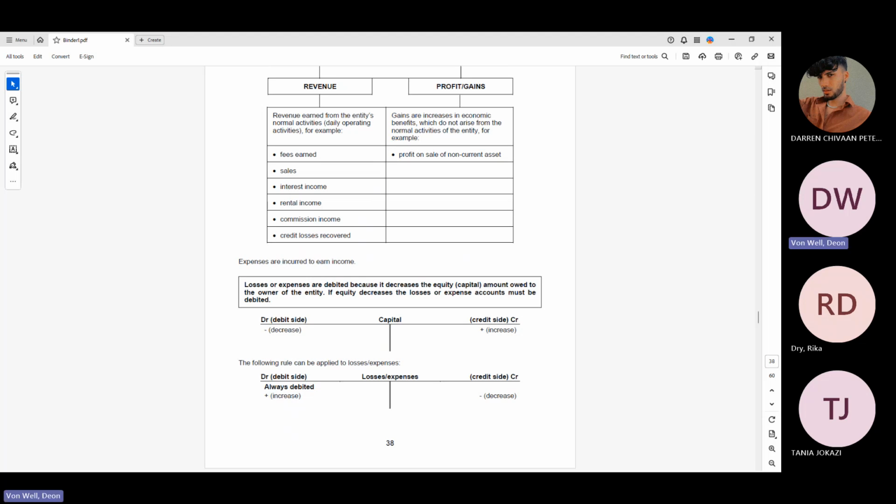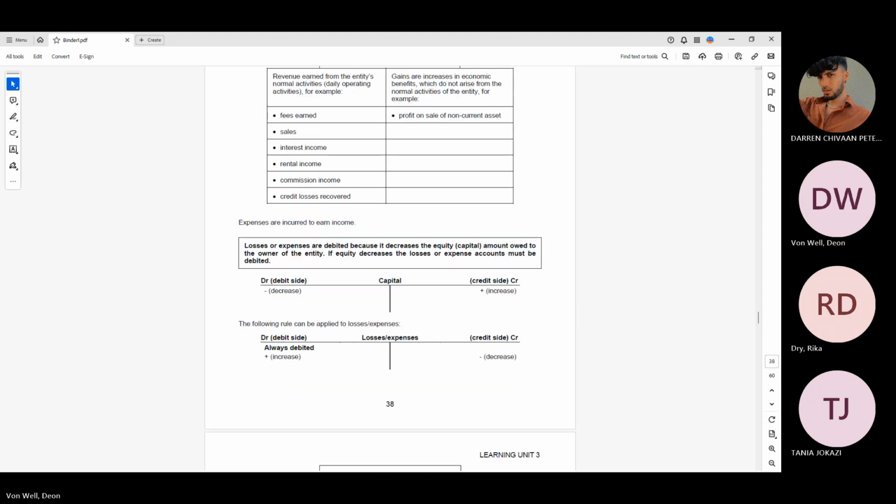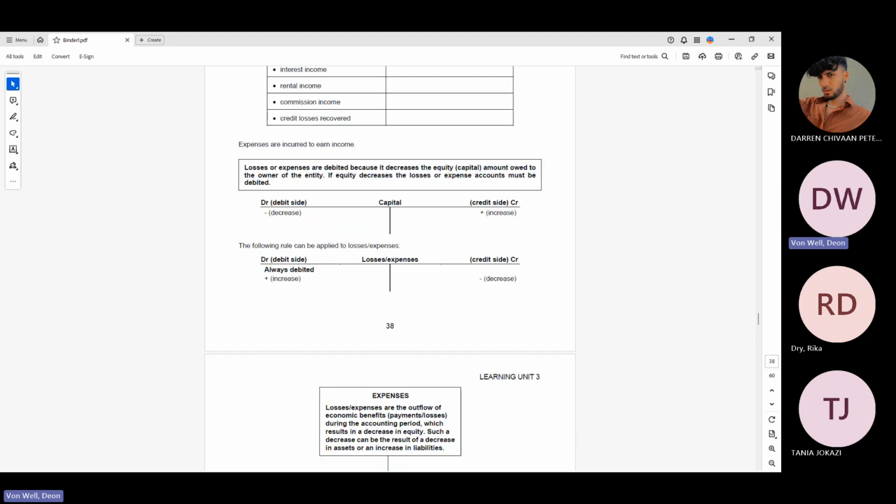When my stationery is increasing, I must debit it. If my stationery is decreasing, I must credit it. So learn your rules. Expenses increase on the debit side and decrease on the credit side.